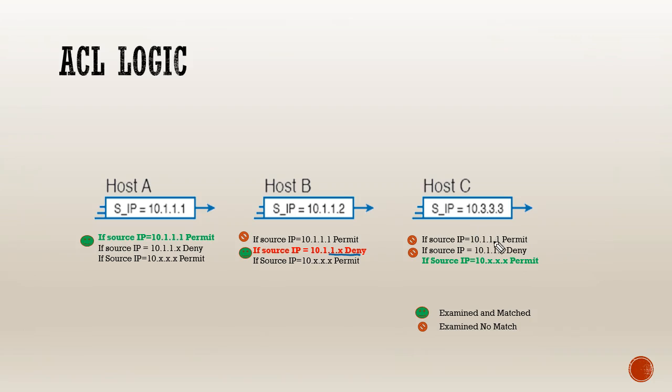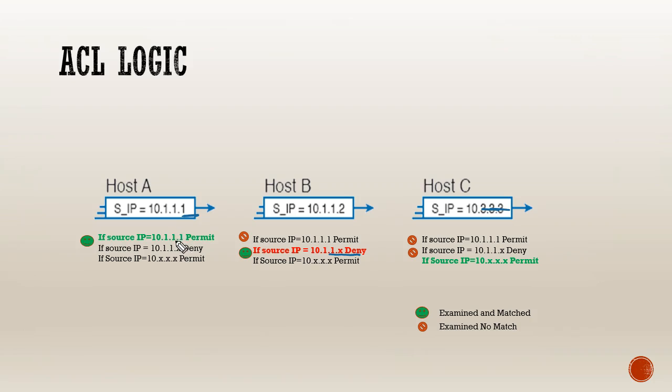Over here we have the 10.1.1.x, and then 10.x.x.x is permitted. So if it starts with 10, like 10.3.3.3, after it's gone through the others, no, okay, I'm a 10, so I can get there. Hopefully you can see that the order is important.